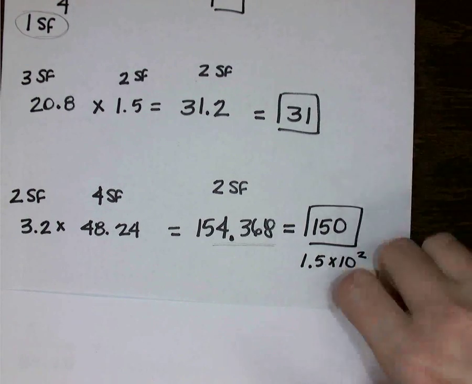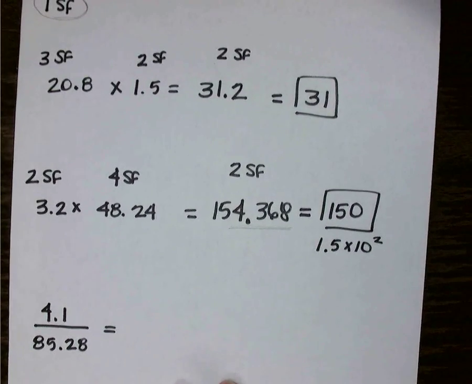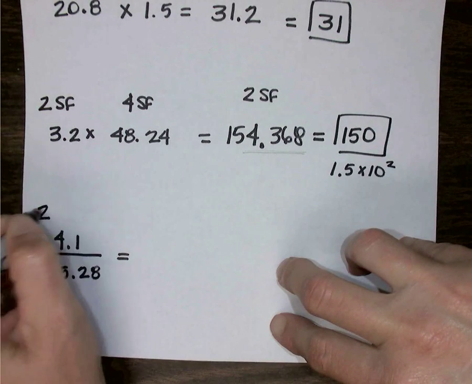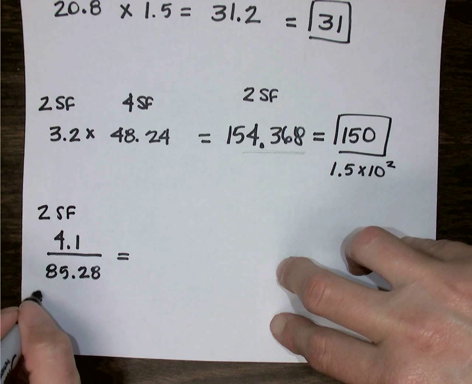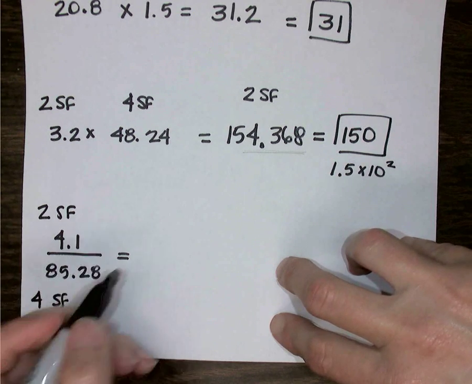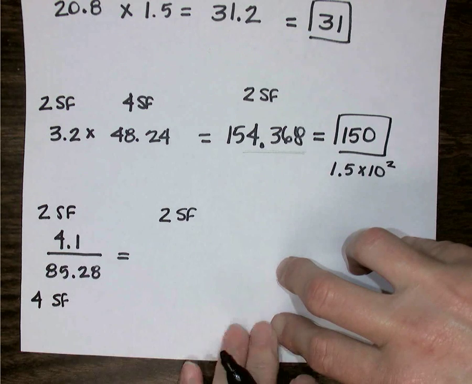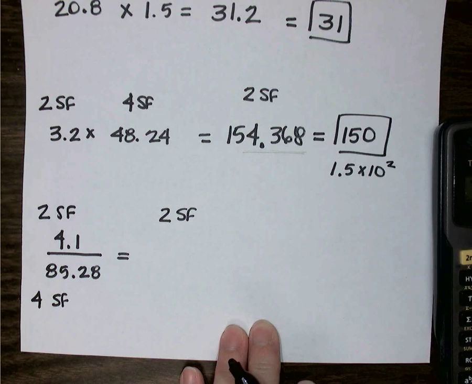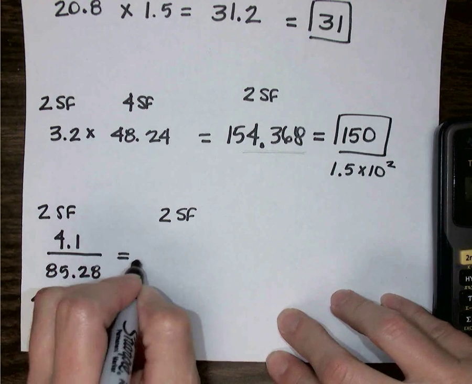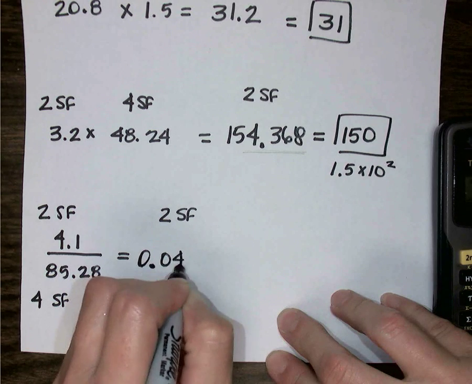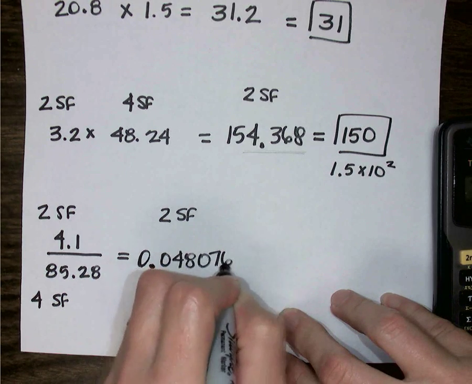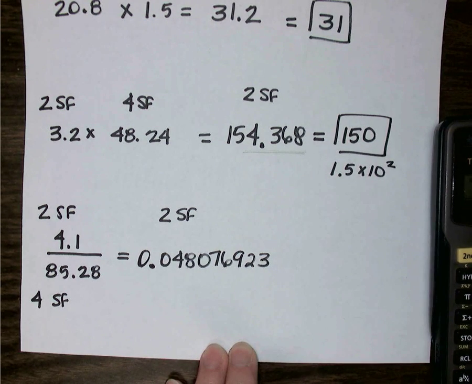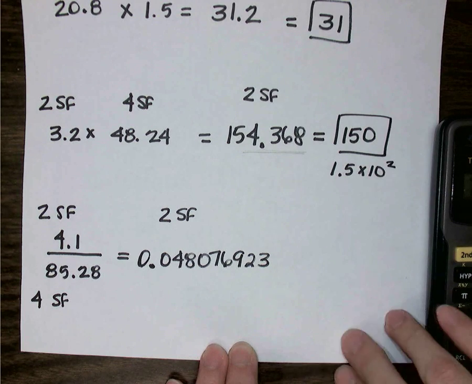The last example here is 4.1 divided by 85.28. I have 2 significant figures in my numerator, 4 significant figures in my denominator, so my answer should have only 2 significant figures. When I work this on my calculator, it tells me that this is 0.048076923, and I'm going to double check that. And I got the same thing again.